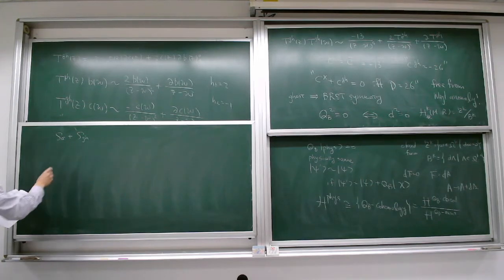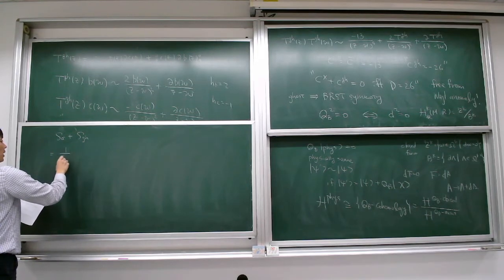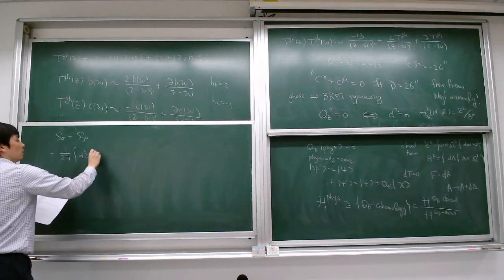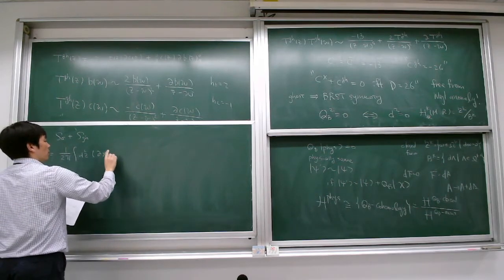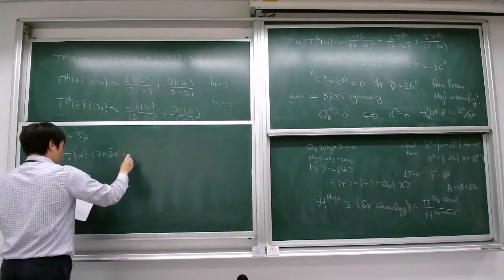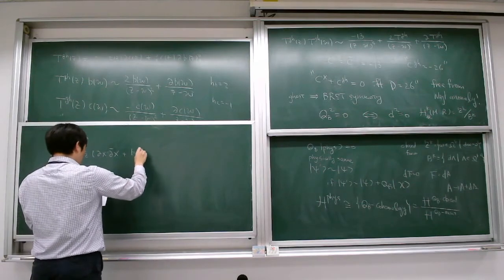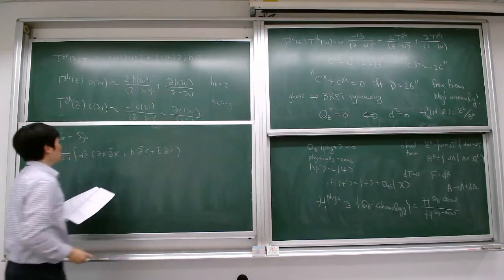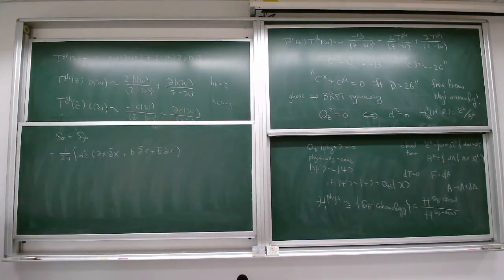I think I should write down 2 pi d squared partial x partial del x plus b del c plus b bar del c. So this is the action you will have.